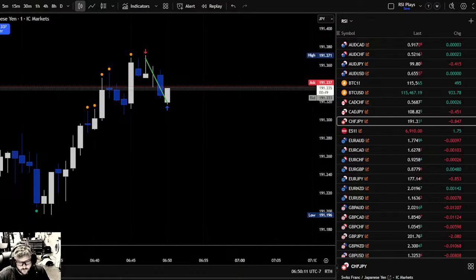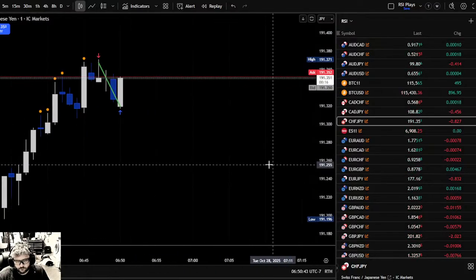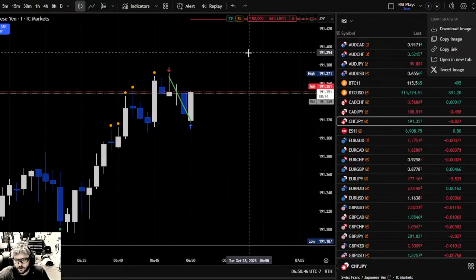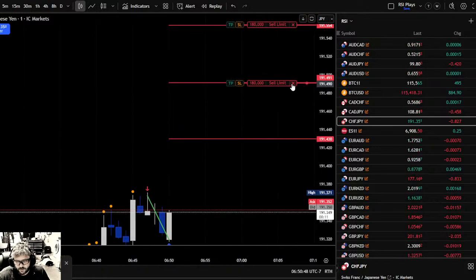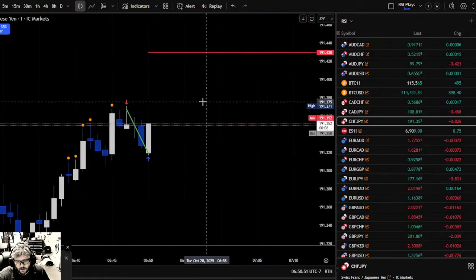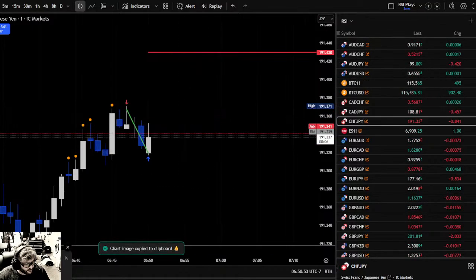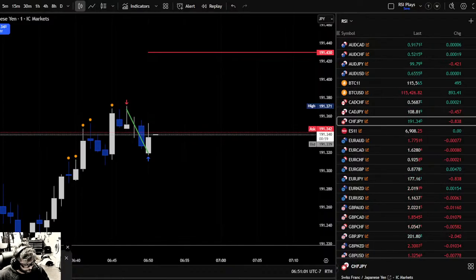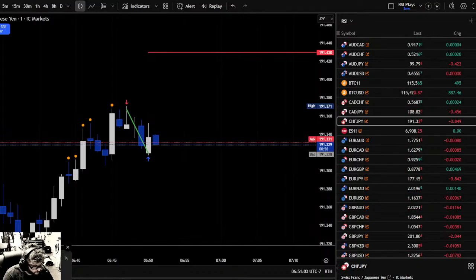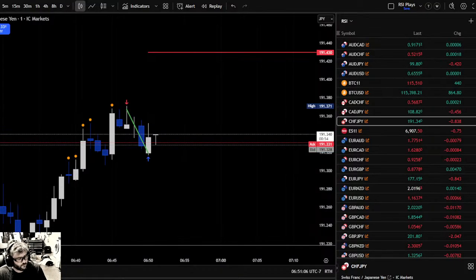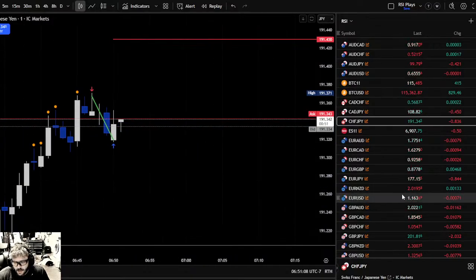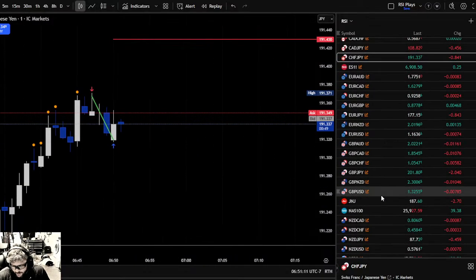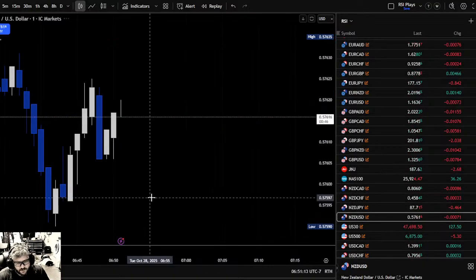Alright, I got that going. Let's go find another scalp. Oh, we've got to get rid of the sell limits. That would be disastrous. Copy that. Toss it in the chats. Oh, there we go. NZD USD, what are you doing?